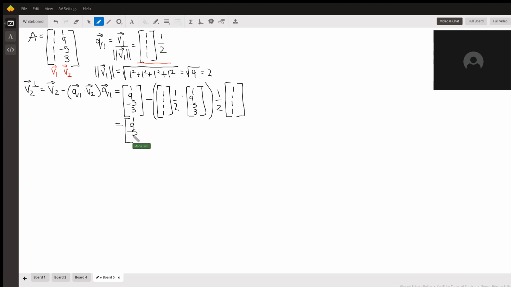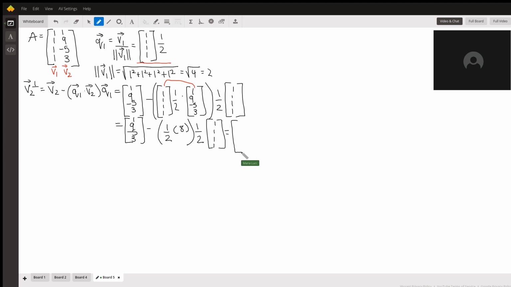Let me just copy this down. The dot product of the two inside vectors is 1 times 1 plus 1 times 9 plus 1 times negative 5 plus 1 times 3, so that's equal to 8. On the outside, it's 1 half times 1, 1, 1, 1.